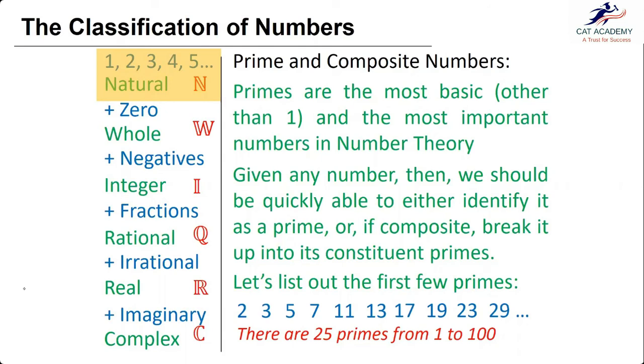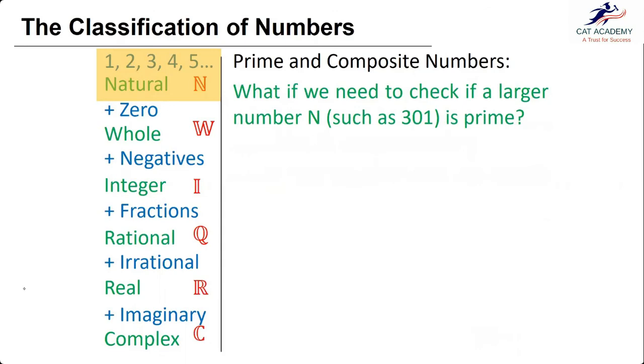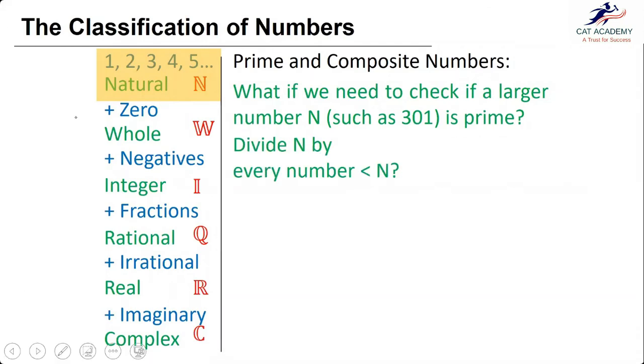All right. But these are the only prime numbers between 1 to 100. What if I ask you to find out a prime number which is, say, more than 300, more than 400 and all? How do I find out? If I have to find for a larger, say 301, for example, I have to check for 301. How do I check them?